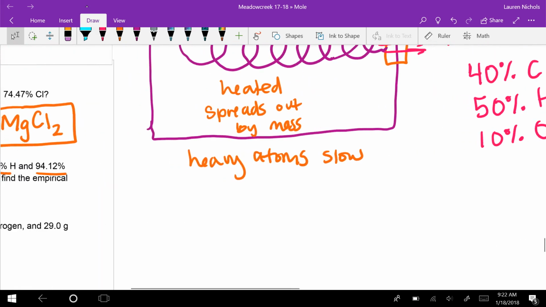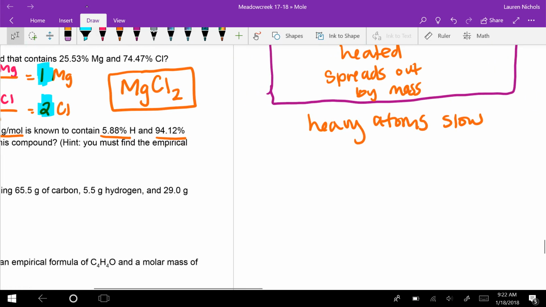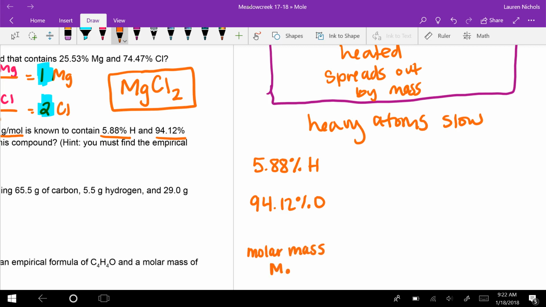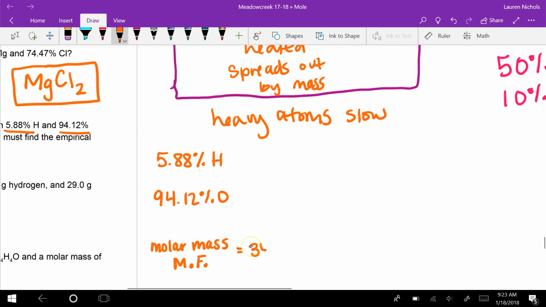So if we come over here, I'm just going to write down we had 5.88% hydrogen and 94.12% oxygen, and we know that the molar mass of my molecular formula was equal to 34.0 grams per mole.